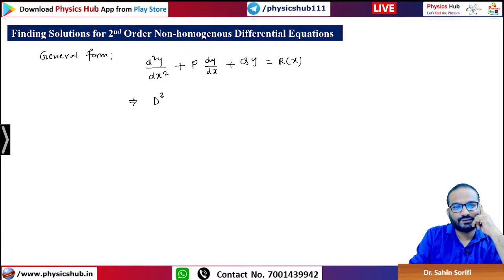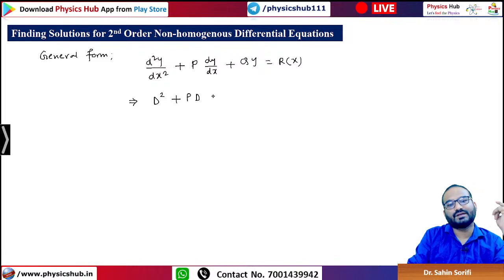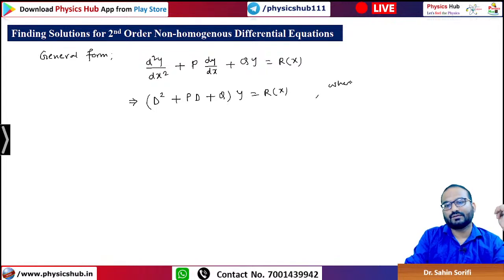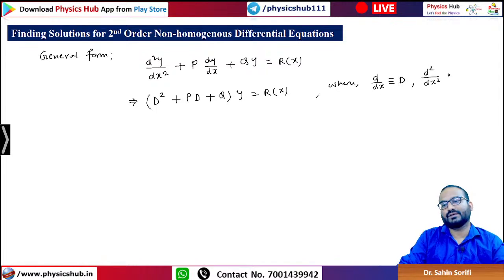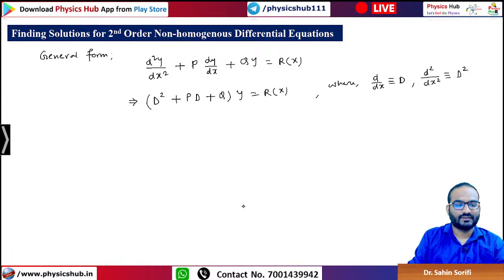let's say, (D² + pD + q) y = r(x), where we can consider D = d/dx as the differential operator, D² = d²/dx² is the differential operator D², and so on.